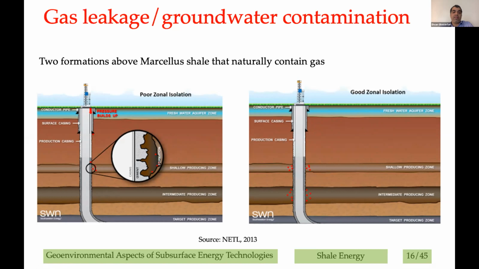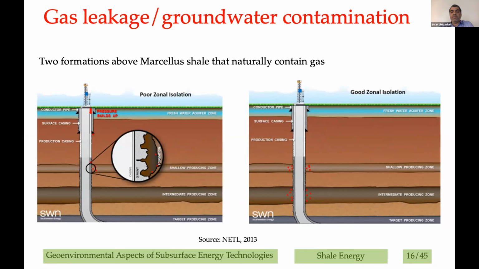And if the cementing job around the well casing is not done properly, as you can see here on the left of your screen, if there's poor zonal isolation, meaning that there's not good bonding between the cement and the casing, there will be methane leaks, basically, or gas leaks from these two formations above Marcellus, which can basically go through the annulus of the well and reach the groundwater and then contaminate the groundwater.